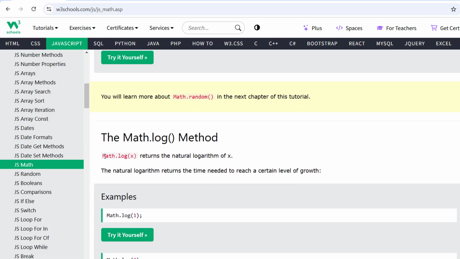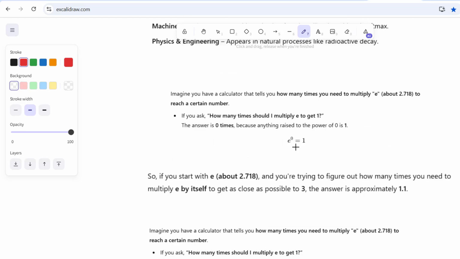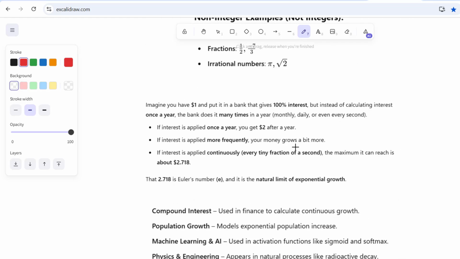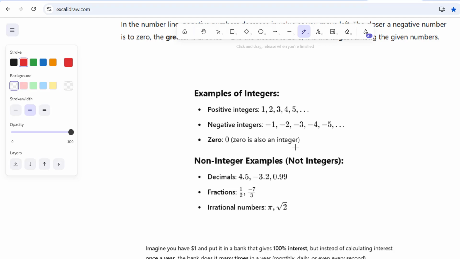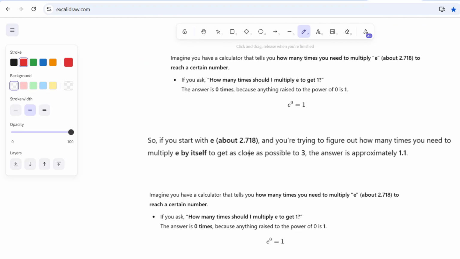Math log, this is the logarithm. I have the explanation for logarithm.